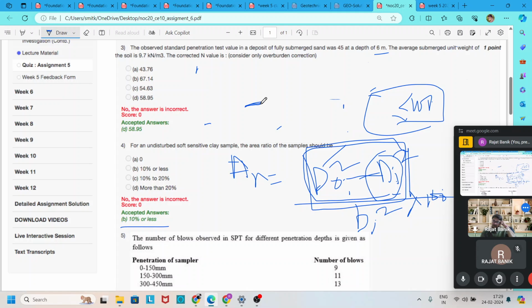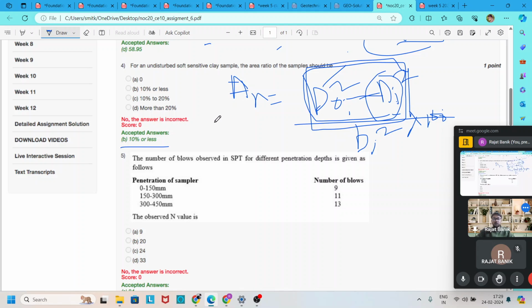So our aim is to make a sampler where the area ratio should be 10 or less than 10. So our correct option is option B.